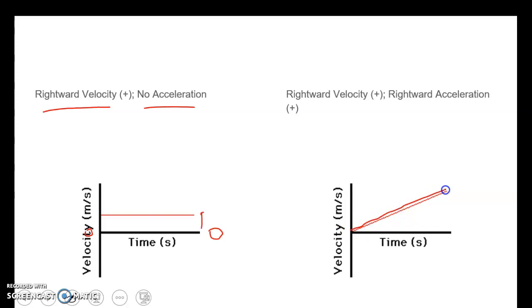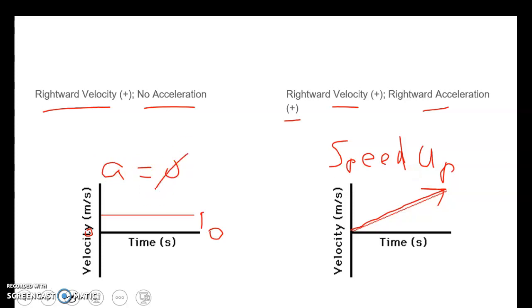If our line is above the 0 and increasing, we have a rightward positive velocity and a rightward positive acceleration. So our object in this case is speeding up, okay? This one, acceleration is 0.